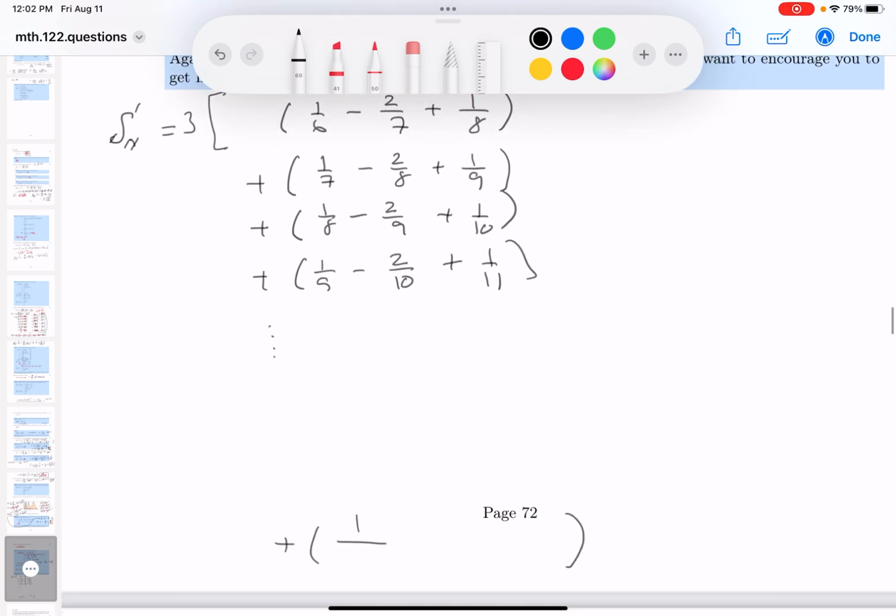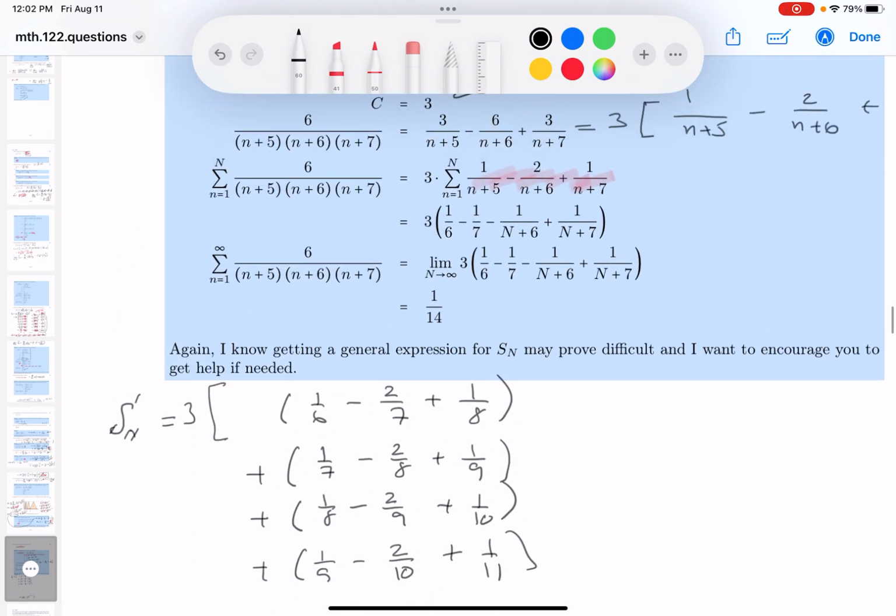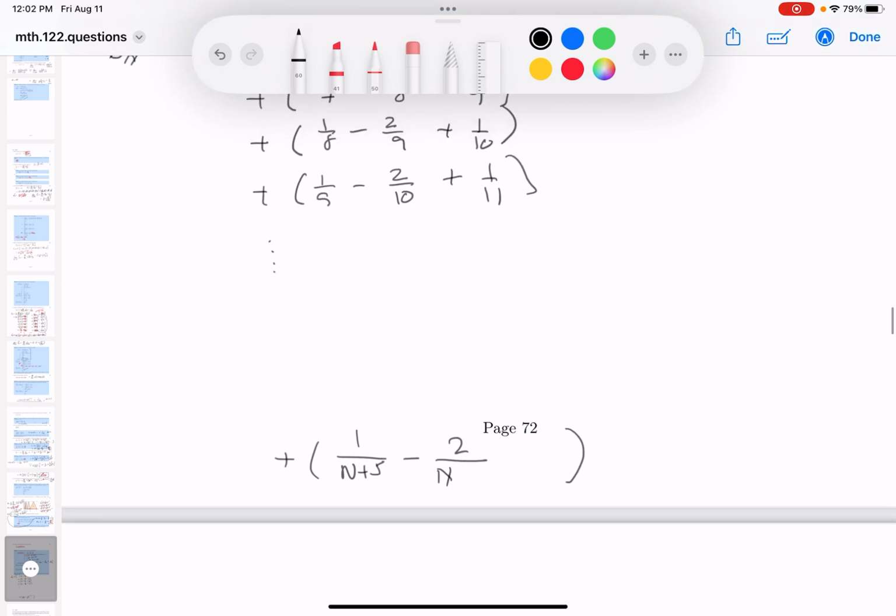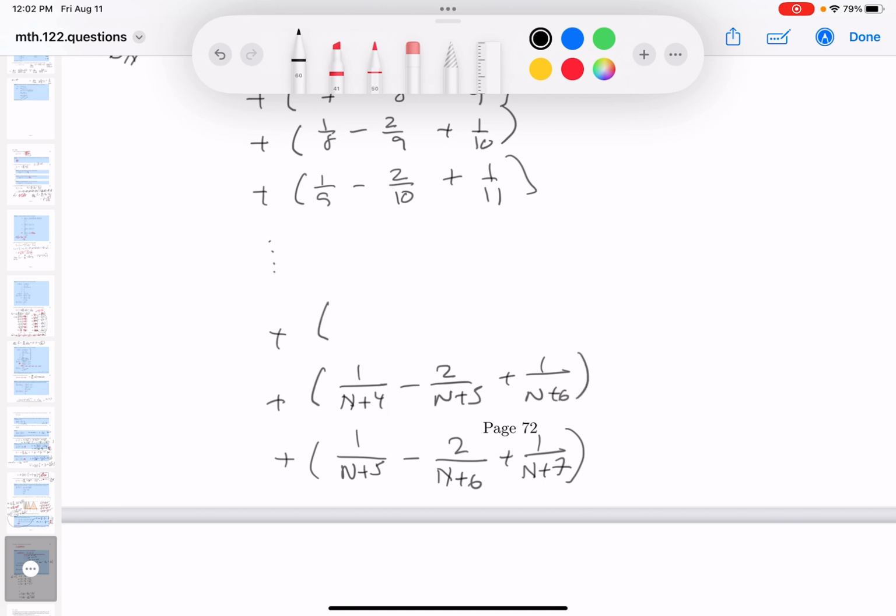Big N plus 5, minus 2 over big N plus 6, plus 1 over big N plus 7. I want to go backwards now. I'm going to go down 1. Relatively simple to do.